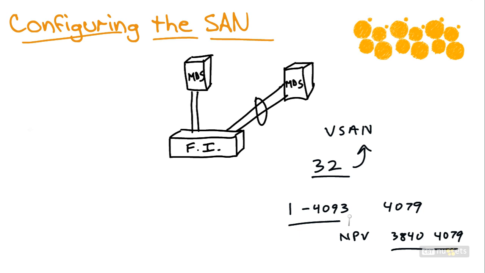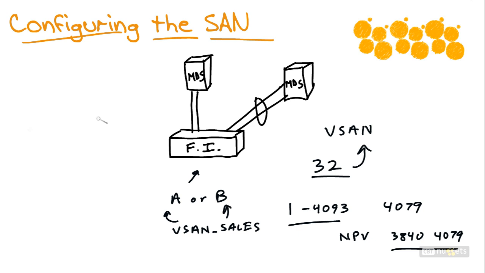Just like with our virtual local area networks, we can create vSAN objects on both fabric interconnects of our cluster, on A or on B, or we can use the same exact logical name like vSAN_sales, and this particular name can be mapped to different virtual SAN IDs on the different fabric interconnects.